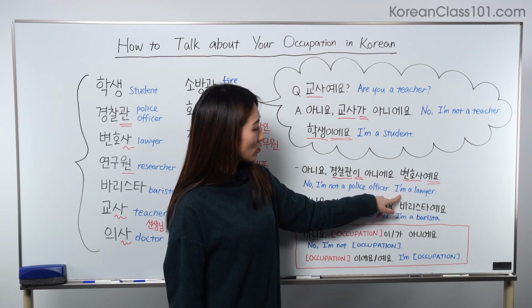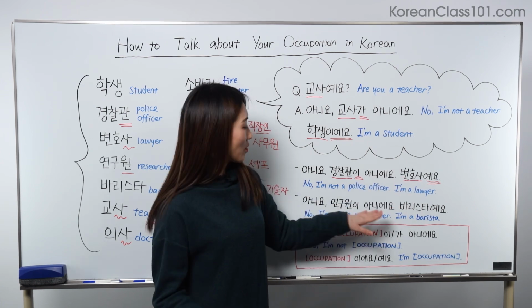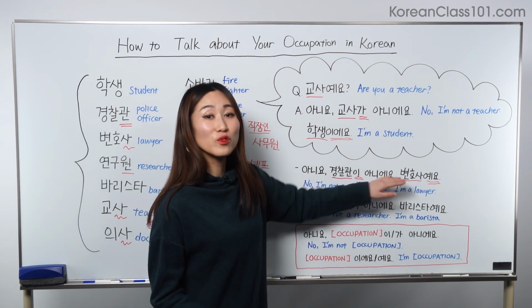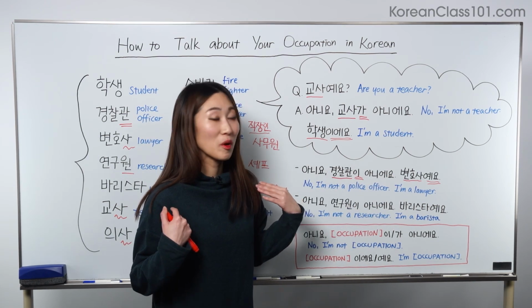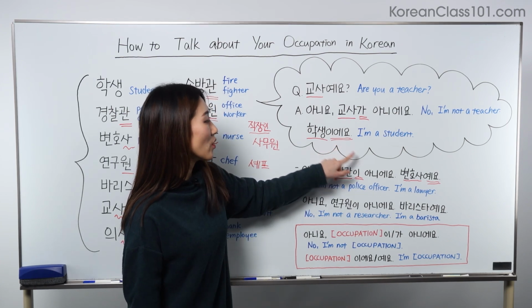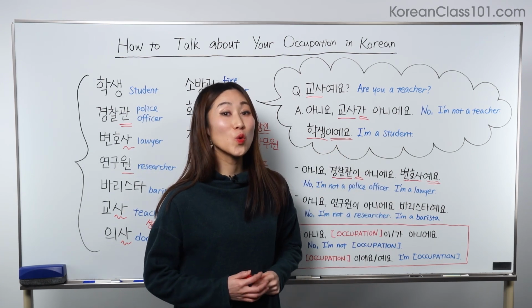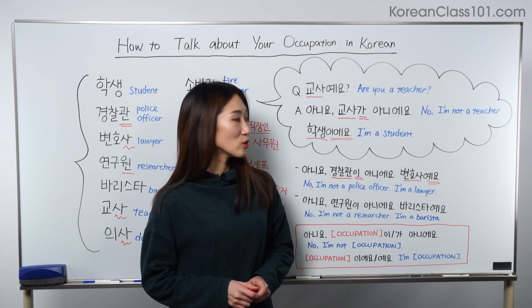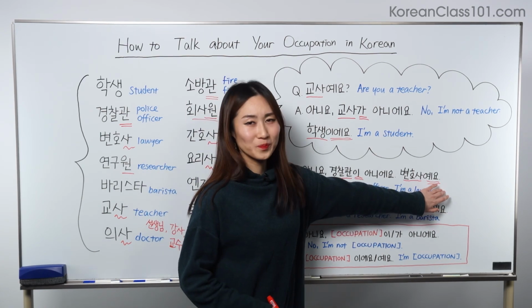Here it looks like I'm, because I'm talking about my occupation. Even without I'm, you understand that I'm talking about myself, right? So 이에요. How about this? 변호사. It ends with a vowel sound, so we are using 예요.